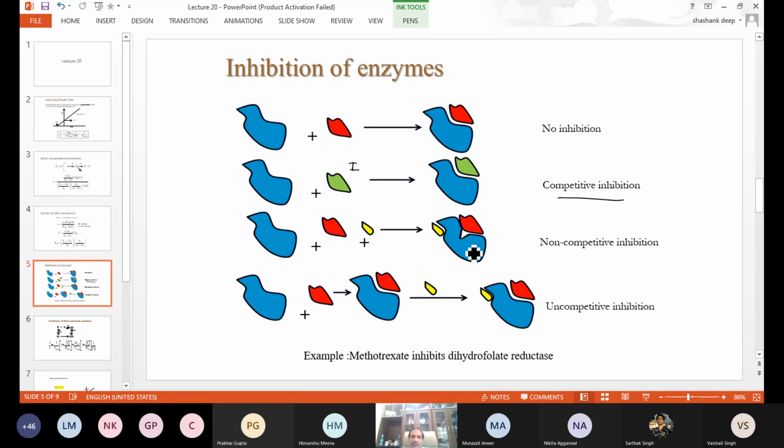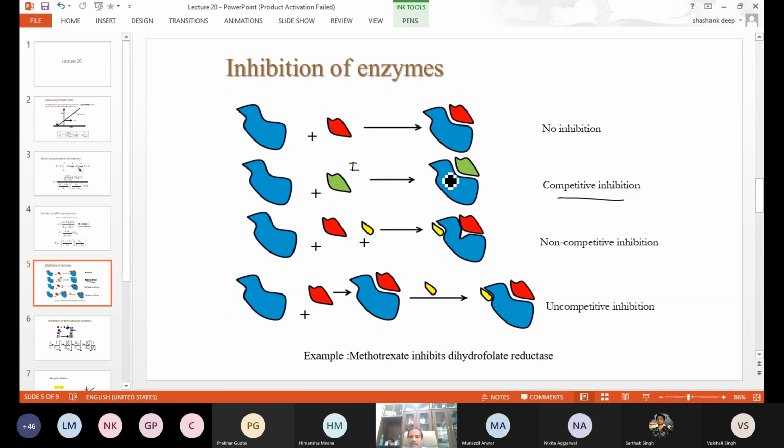So what is the difference between the three? In competitive inhibition, ESI will not form. Either EI can form or ES can form. There is no time at which both I and S are binding with the enzyme.